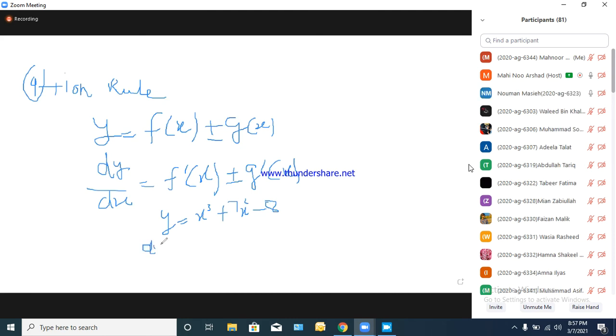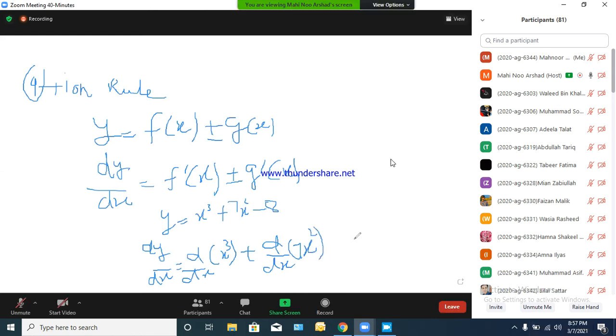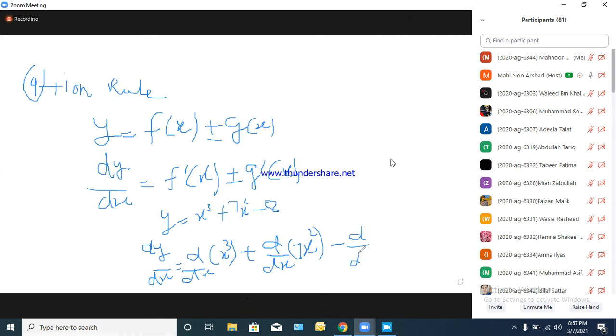Firstly, you will take the derivative of y with respect to x: derivative of x cube plus derivative of 7x raised to the power 2 minus derivative of 8.